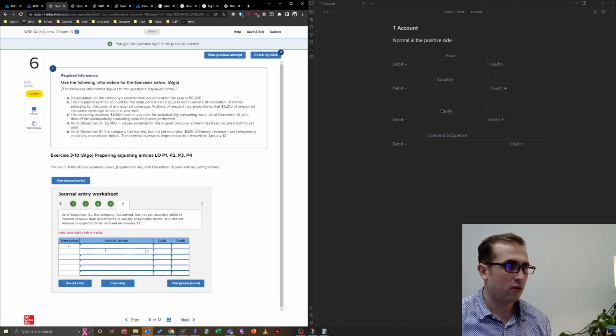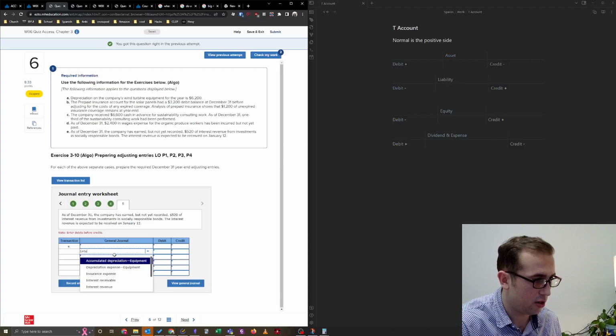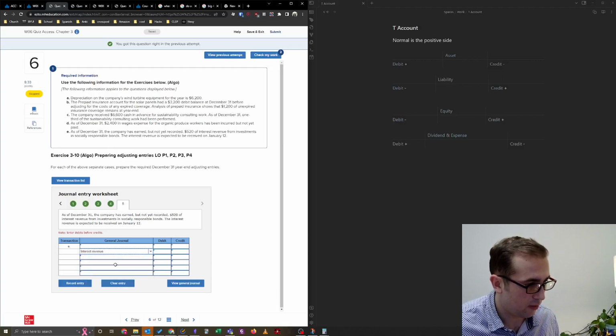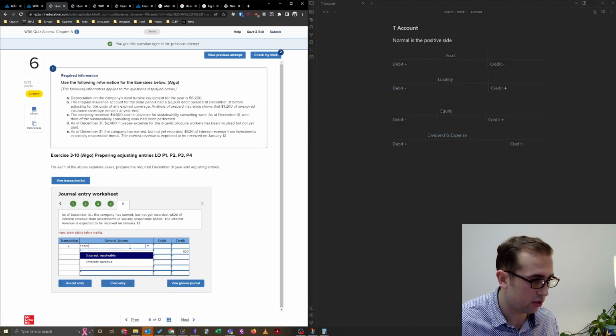So we have earned the revenue. Revenue is equity, so we can do interest revenue, a credit account, 520. And we will receive the interest, so interest receivable of the equivalent amount.